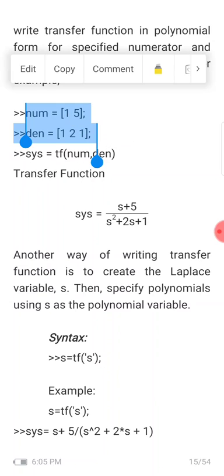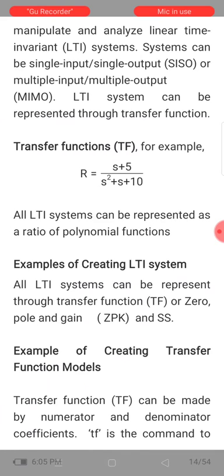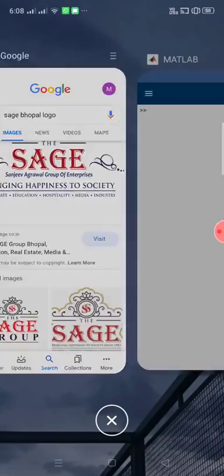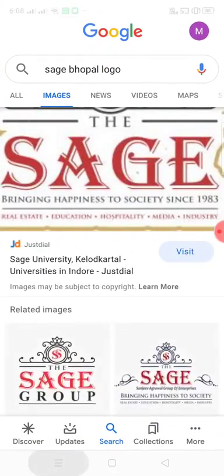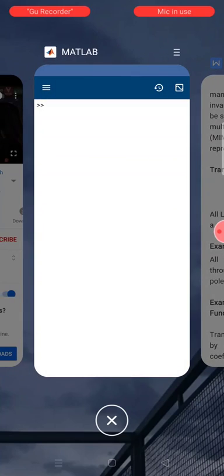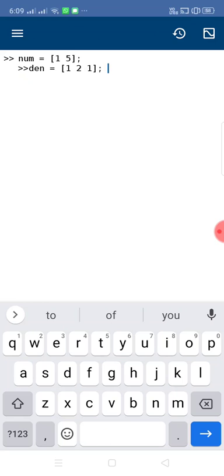So I am writing here, I am copying this command, I am writing this command here on Matlab and solving here.